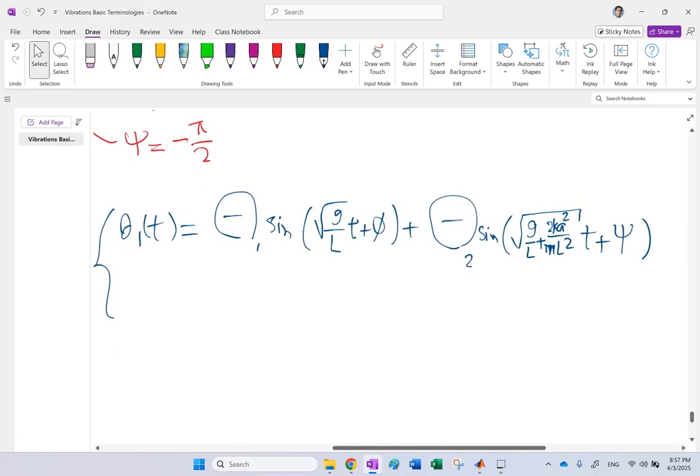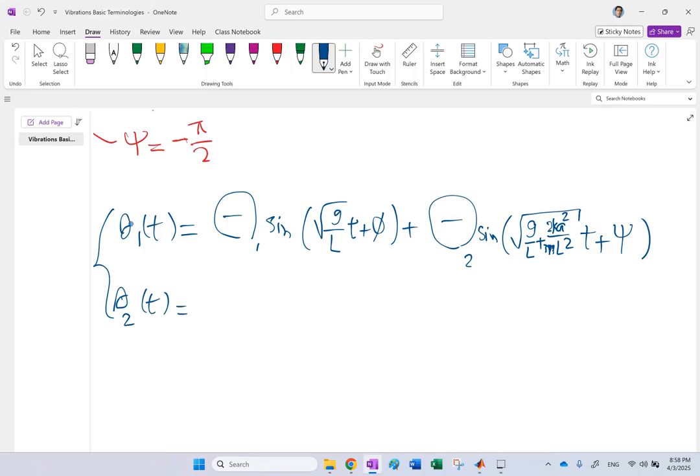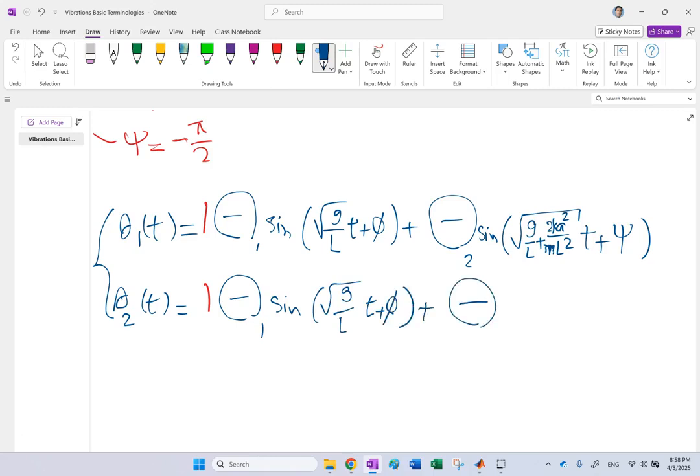So that's the solution for angle 1. And for the solution for angle 2, the same theta goes here, but remember the weight for the first frequency was 1 to 1. And then for this one, with the same frequency again, the weight is going to be 1 to negative 1.